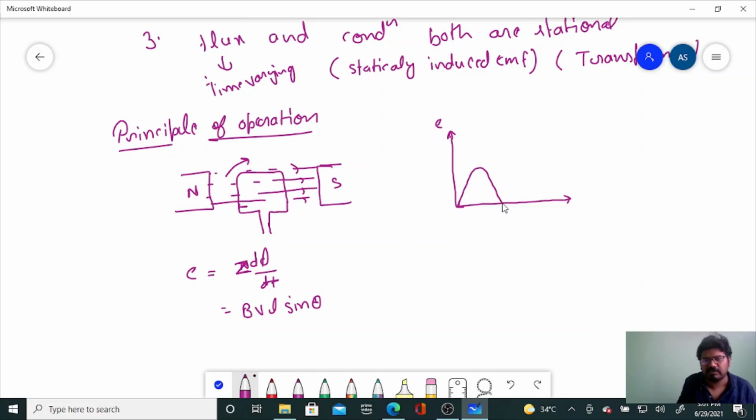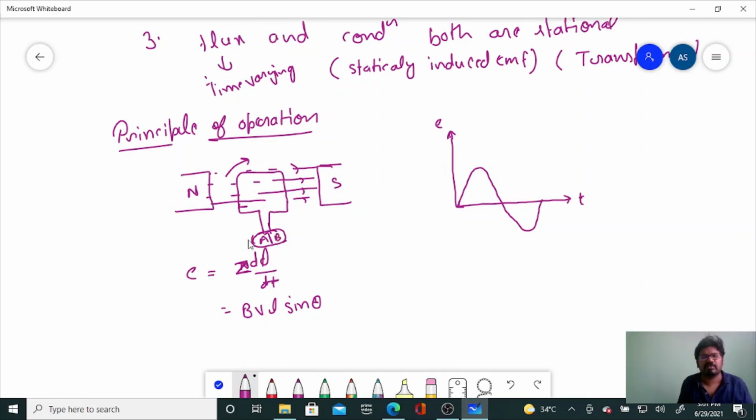It will reach maximum, then decrease, and then reach maximum in the negative direction. This way you'll get an AC voltage here. But we are going to discuss a DC generator. So what next we'll do, we'll collect this AC with the help of a commutator segment.